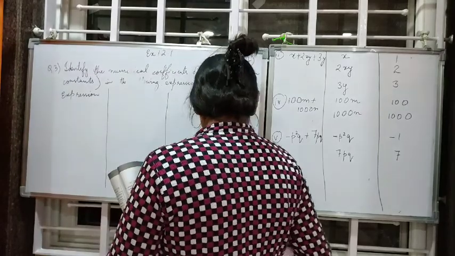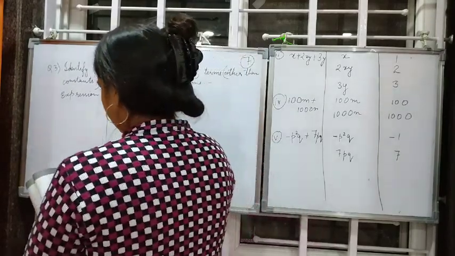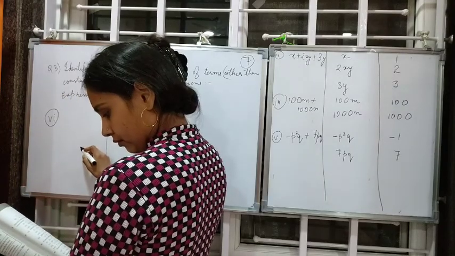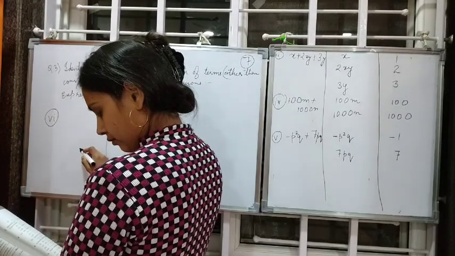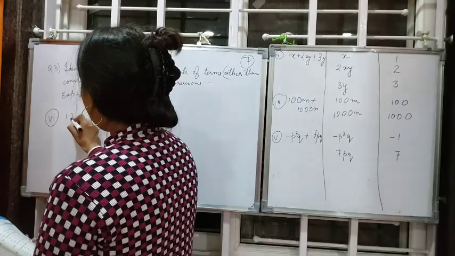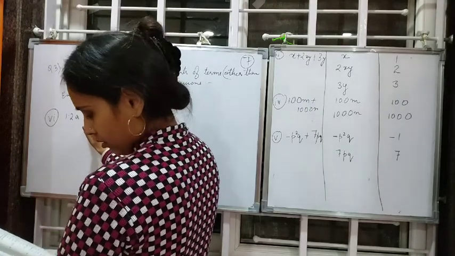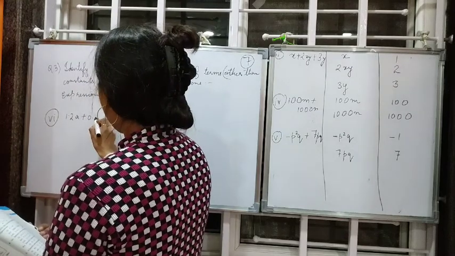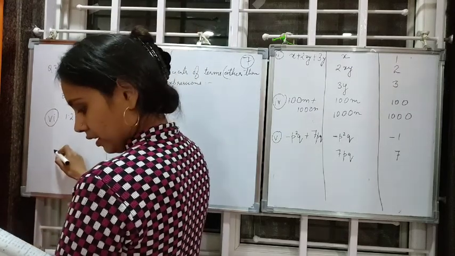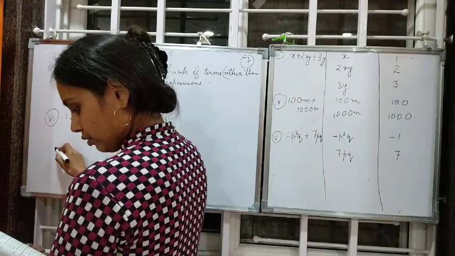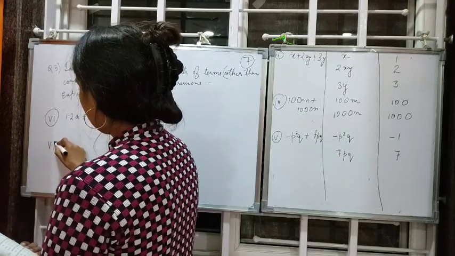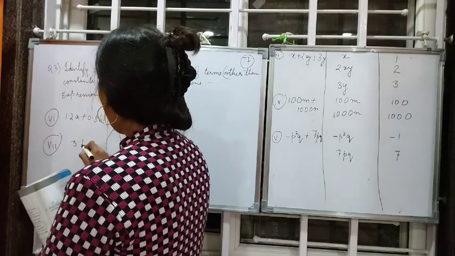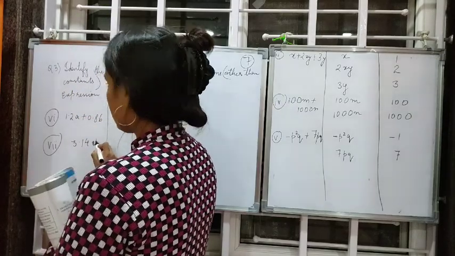Next one, that is the sixth one: 1.2a plus 0.8b. This is the sixth one. And the seventh one also: 3.14 r square.